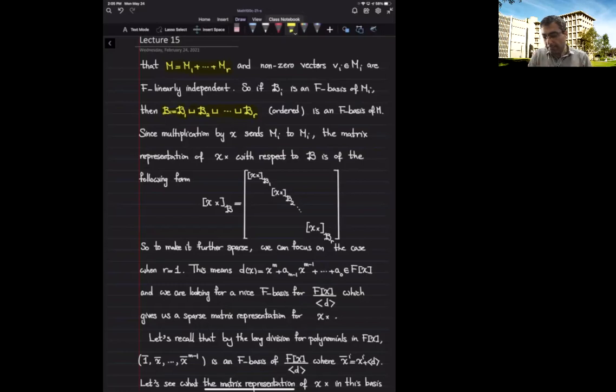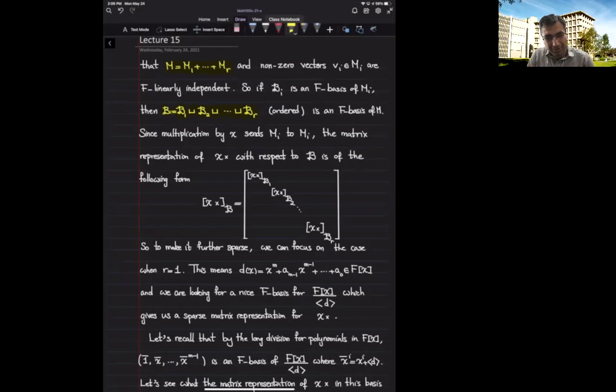If I collect terms, the linear combination of this part gives me an element inside M1, the linear combination of these parts gives me an element inside M2, and so on. But when I add a bunch of elements inside the M sub i's, if I end up getting 0, then all of them are 0. Remember, M sub i has a non-zero component only at the ith factor.